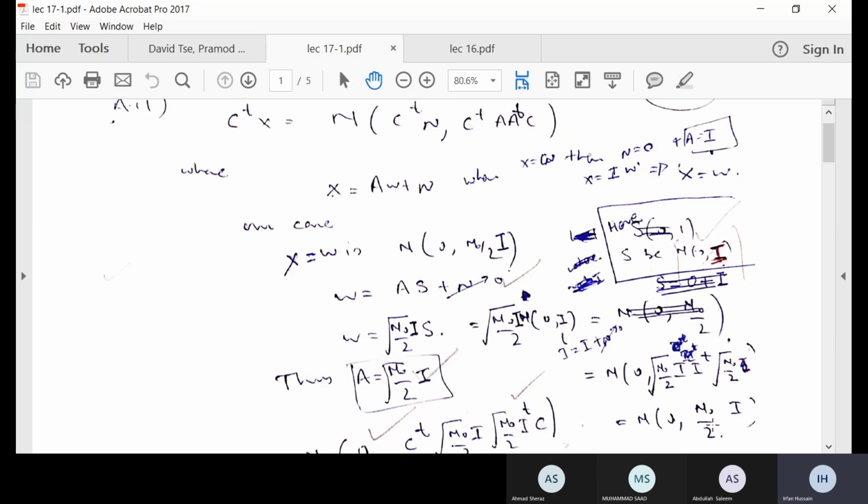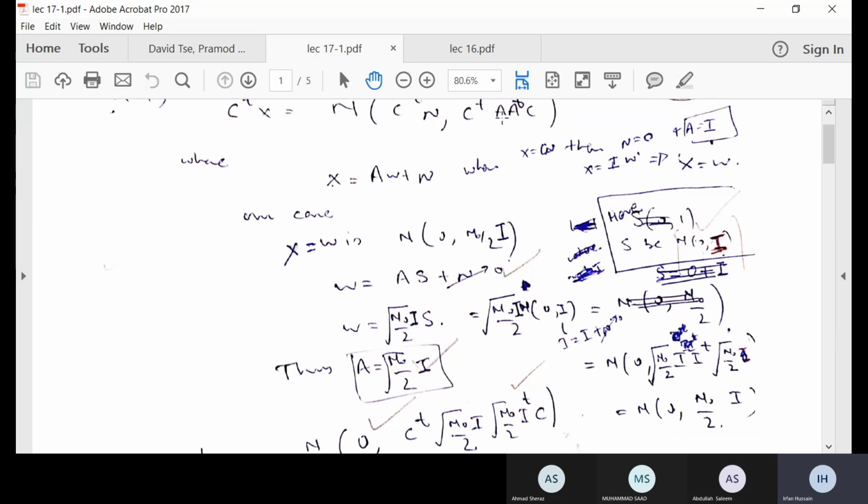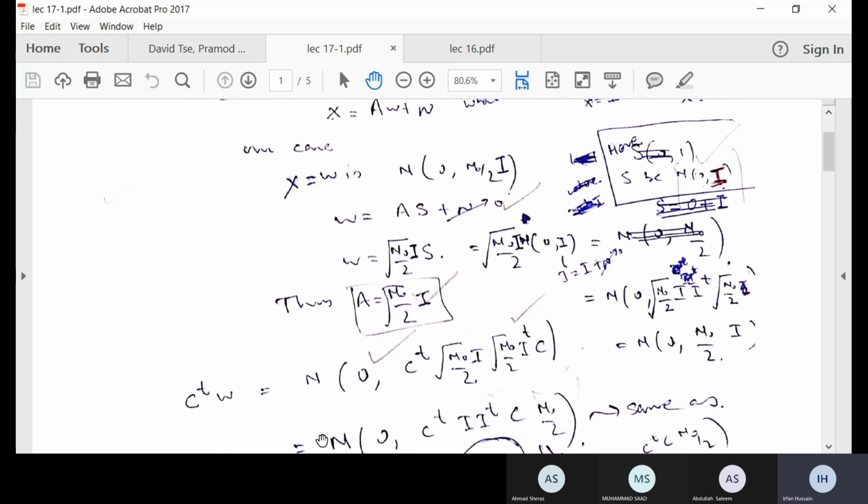We know that our noise has this covariance matrix, hence this means that the value of A is equal to square root of N0 by 2. Now I will just substitute A as square root of N0 by 2 I. So this will come out to be this thing.